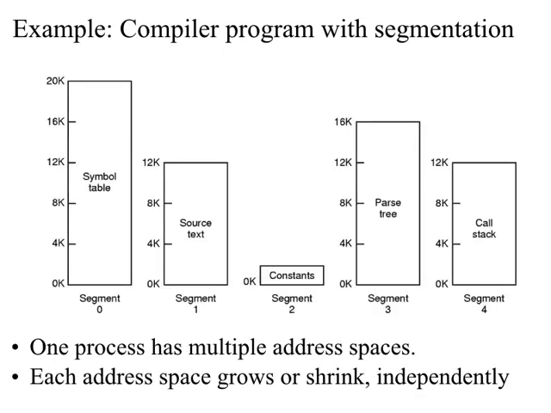But if this compiler program used multiple address spaces or multiple segments, then each data structure could be assigned its own segment, and every segment can grow and shrink independently of others. So data structures that need lots of space would have large segments, and data structures that need less space would have small segments.